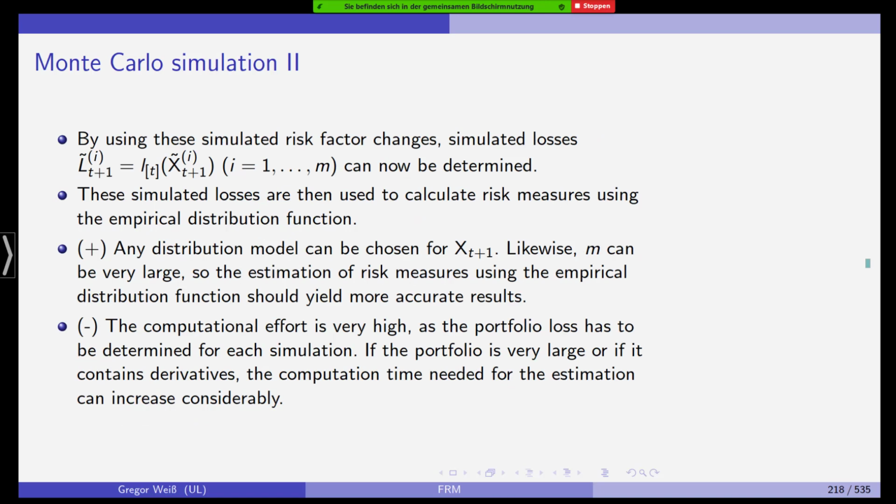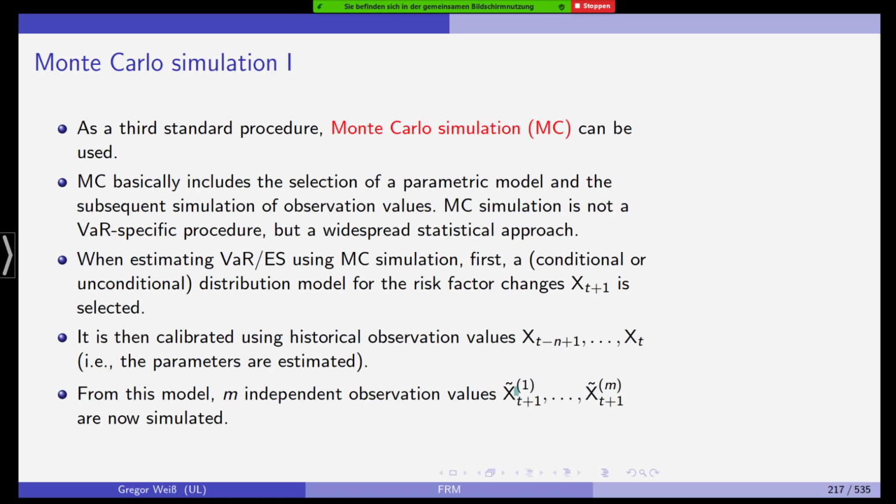And then you take the empirical distribution function and model those simulated losses according to the histogram. So then it's the same as a historical simulation, but the difference is you're not using historical risk factor changes, but you're using simulated risk factor changes under a given distribution.